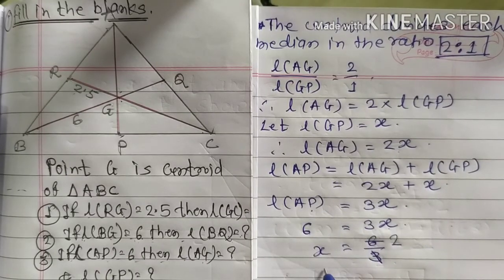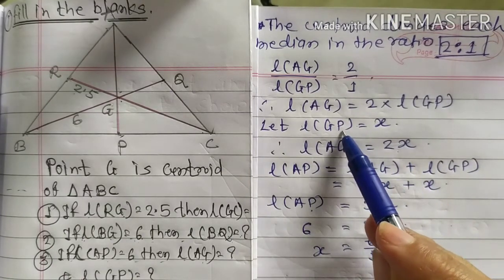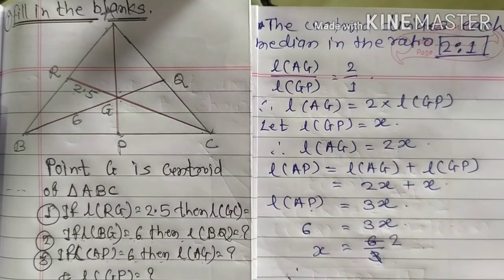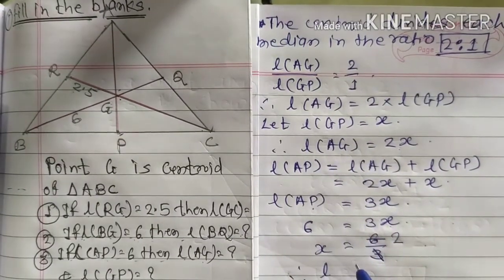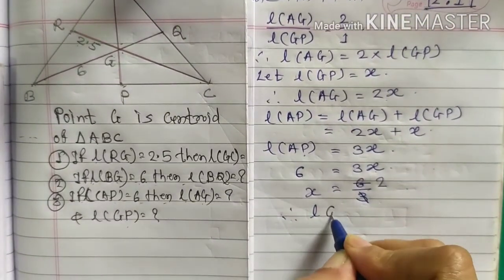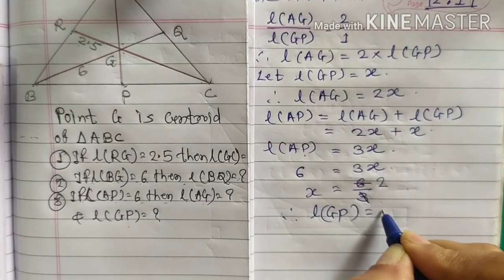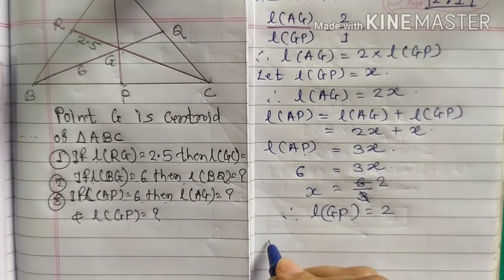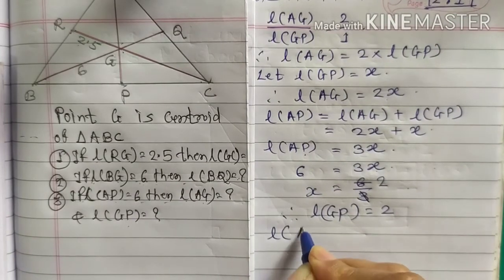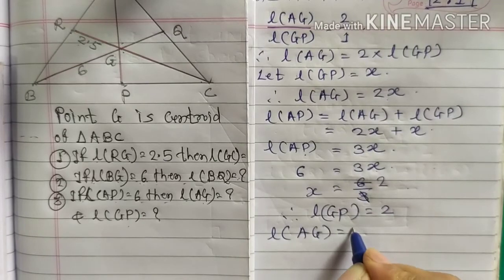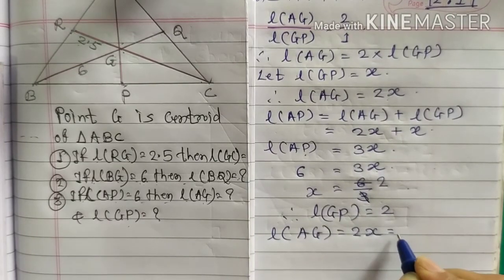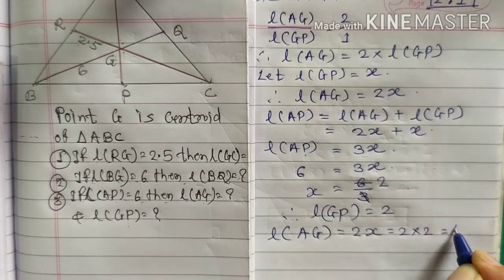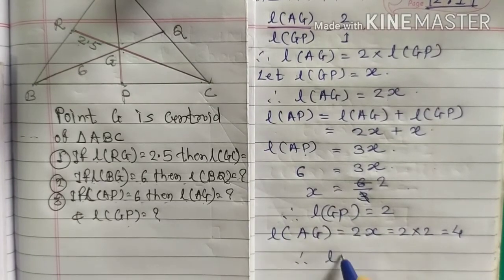Hence, length GP is equal to 2, and length AG is equal to 2 into x, that is 2 into 2, which is 4.